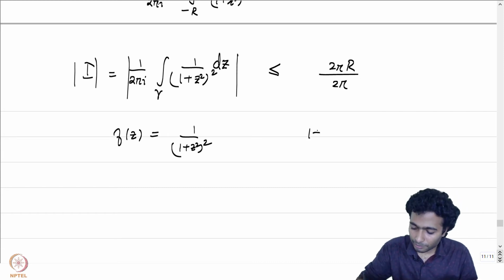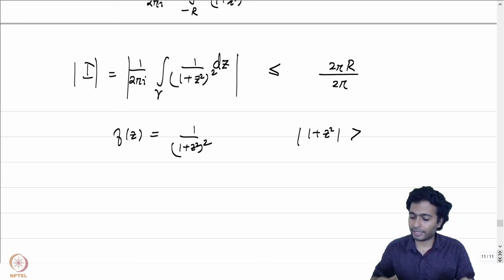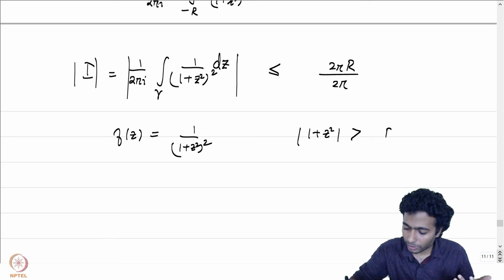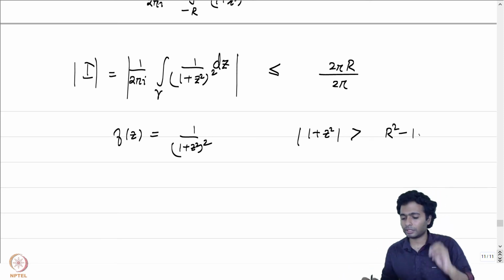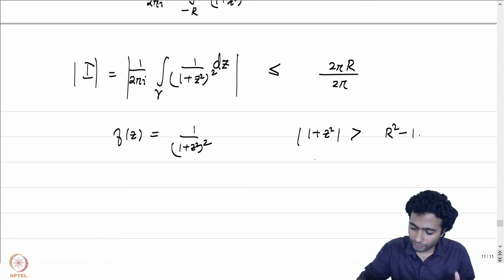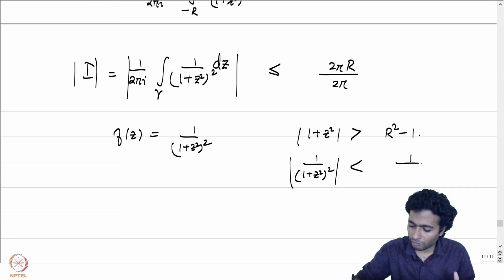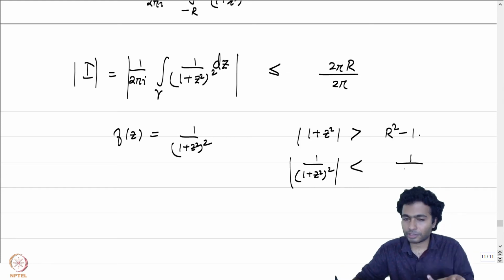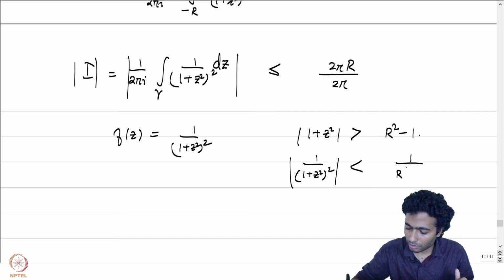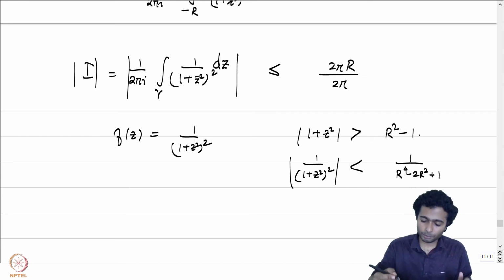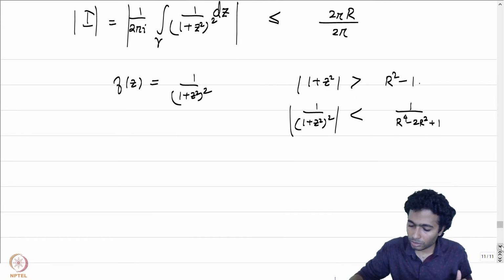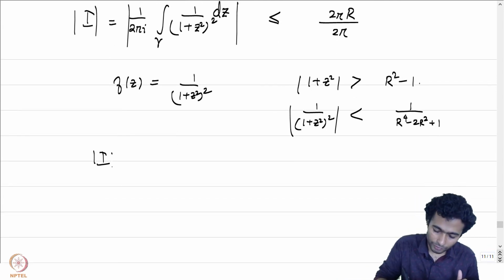Now, if you notice, the absolute value of 1 plus z square is greater than r square minus 1 using the triangle inequality, and therefore the absolute value of 1 by (1 plus z square) the whole square is going to be less than 1 by (r square minus 1) the whole square, which is r to the power 4 minus 2r square plus 1.